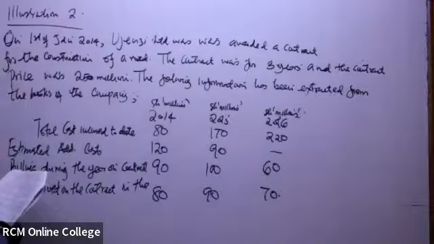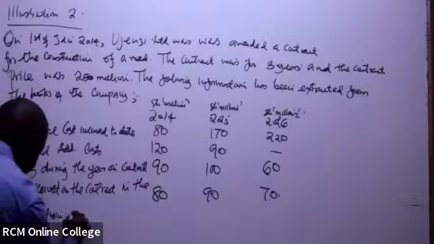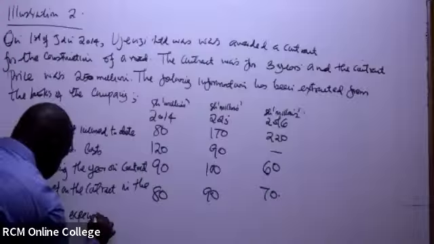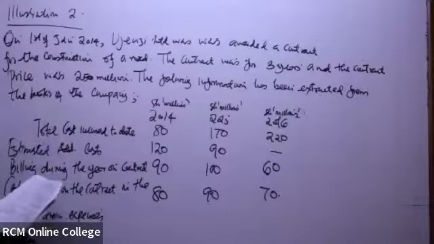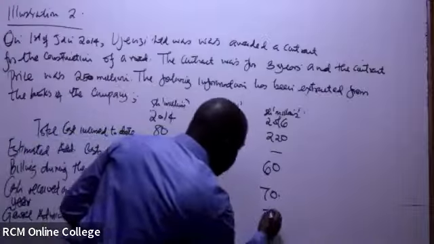Then general admin expenses. It was 4 million, 6 million, and of course 5 million.